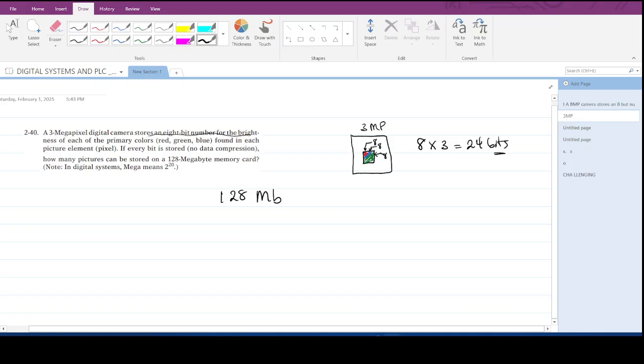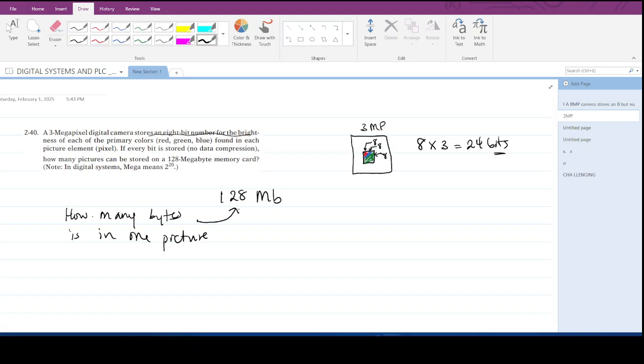To know that, I'll have to know how many bytes are in one picture. And once I know that information, I can tell how many of those bytes will be able to enter 128 megabytes.